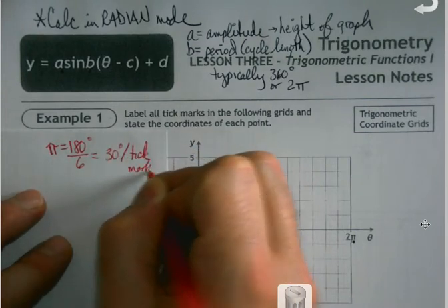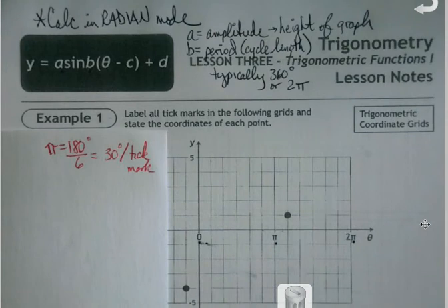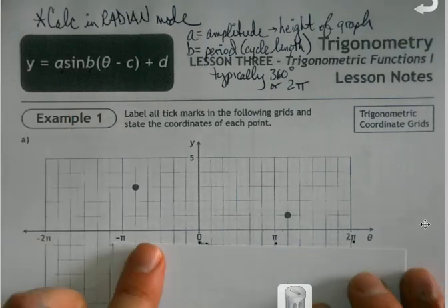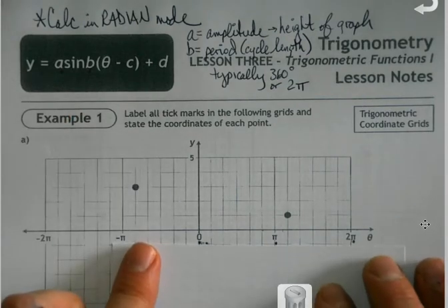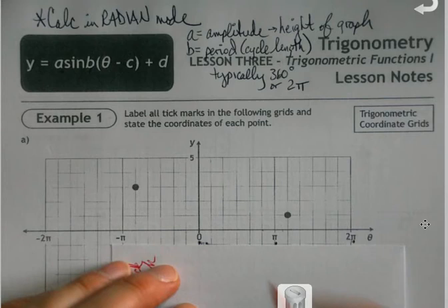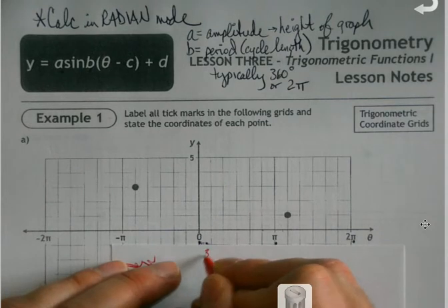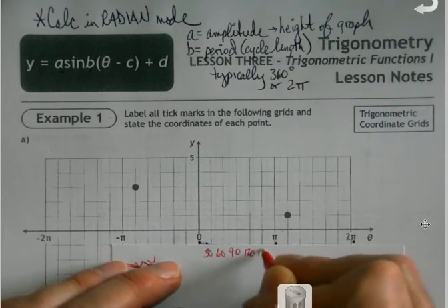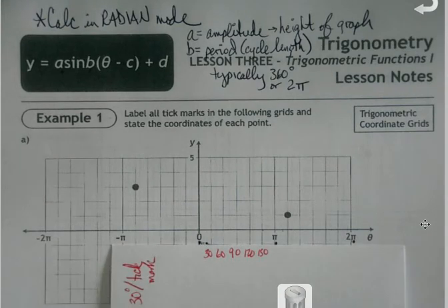Now here's what that means to us. It doesn't mean that we're going to go down here and write 30, 60, 90, 120. We don't want to do that, even though these will be the same values. What we're going to do, and at least you can see me do this on mine, is write the radian equivalents of these degree measures on those tick lines.